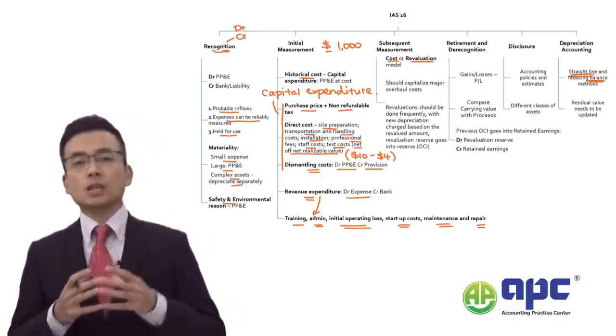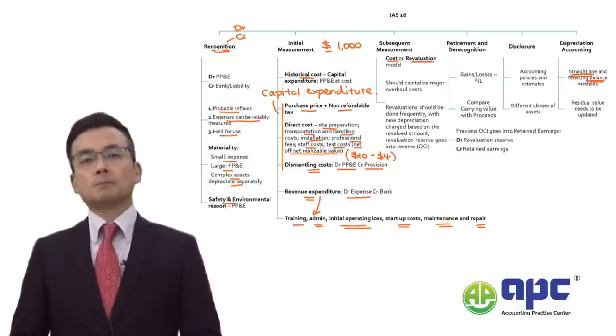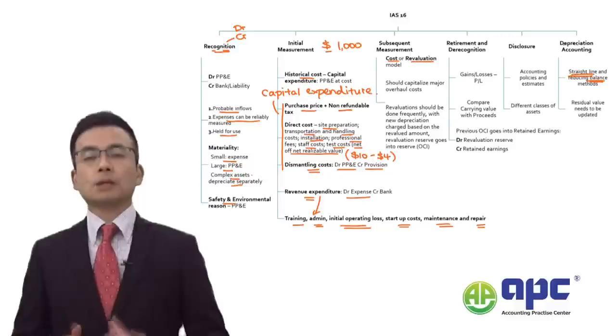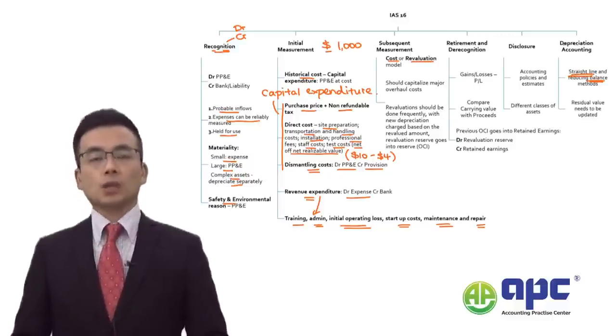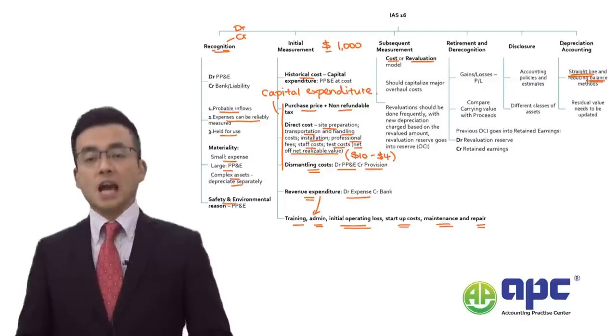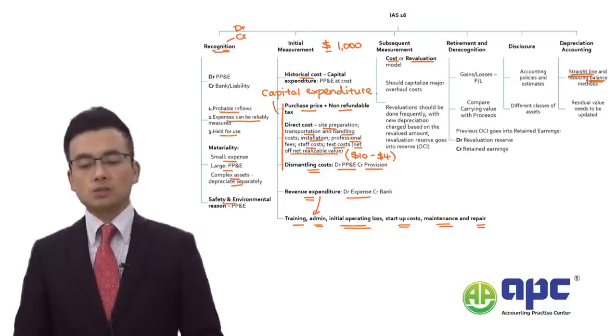In other words, if you purchase land and buildings, the valuation may change, and that's why you engage an independent external valuer to put a value on that according to the market price changes.